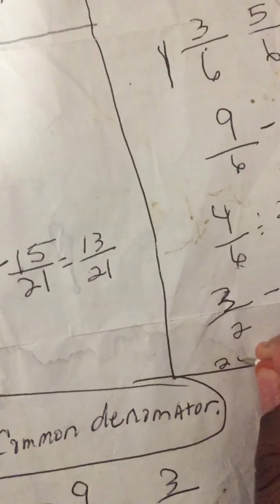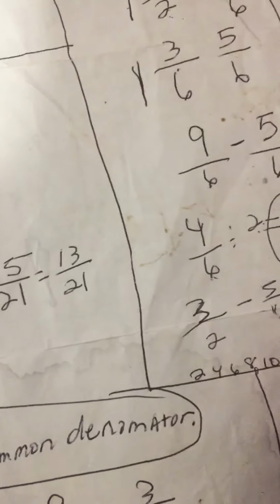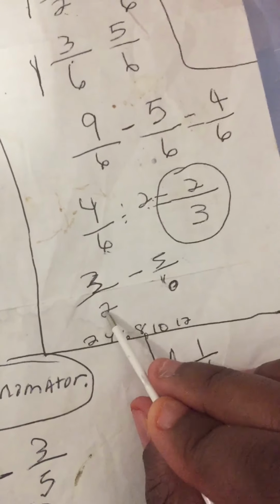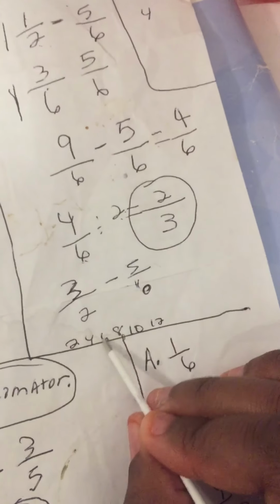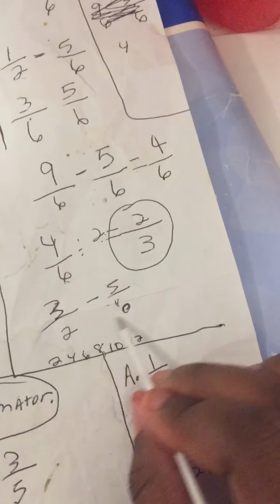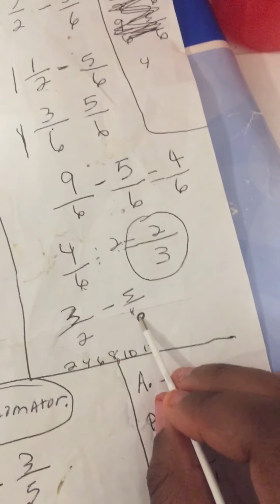When it comes to multiples, that means like 2, 4, 6, 8, 10, and 12. Because that's what these two have in common. They both have 2. They both have 6. So the common denominator between those two, and we got to go high because of the 6, is 6.